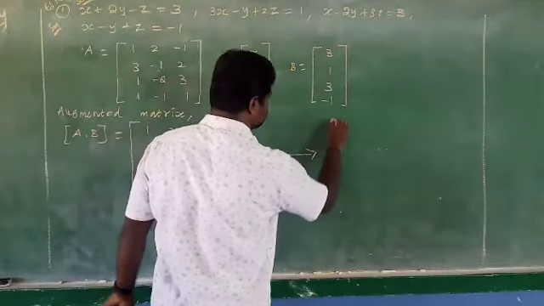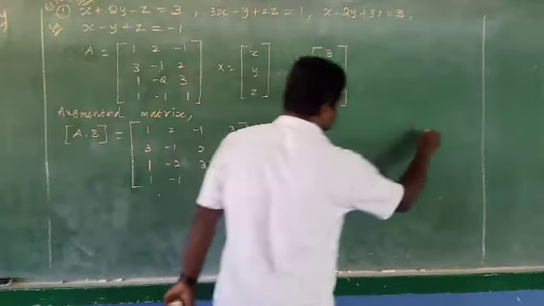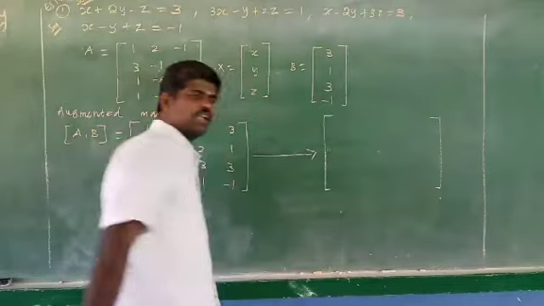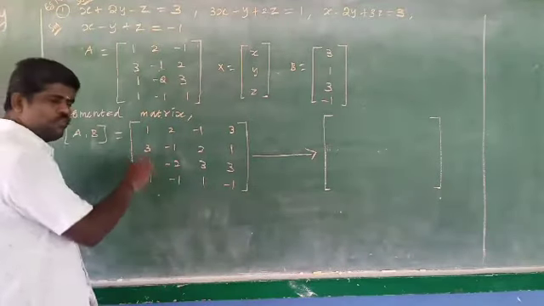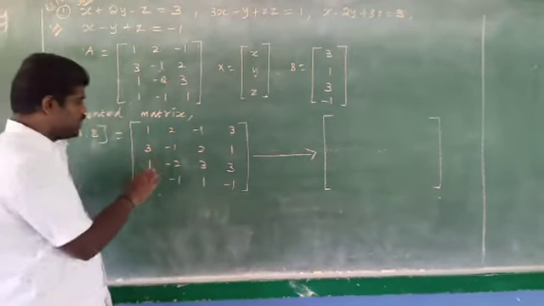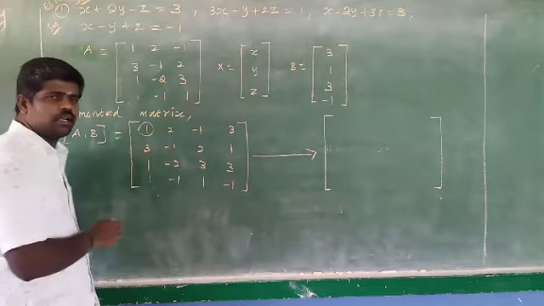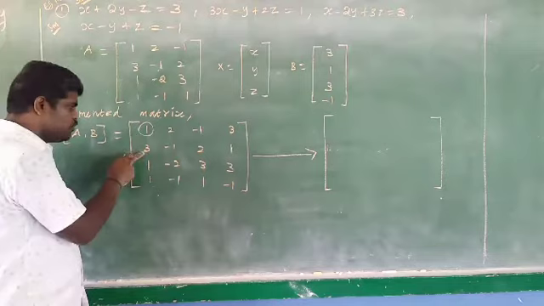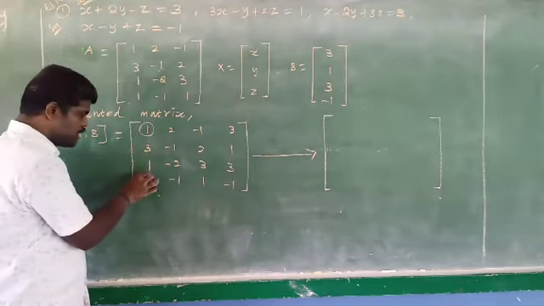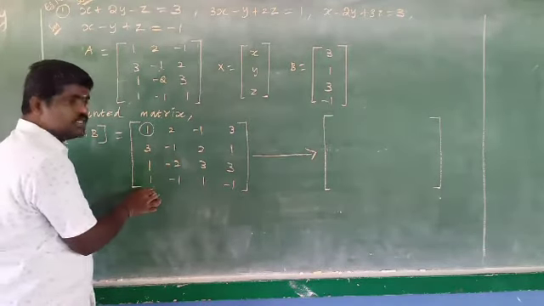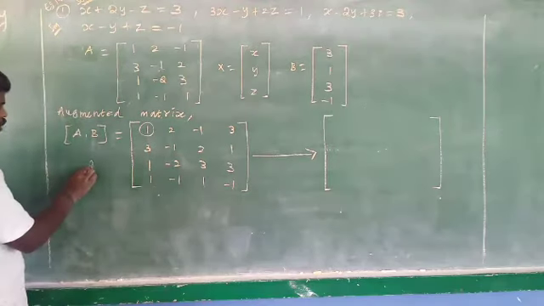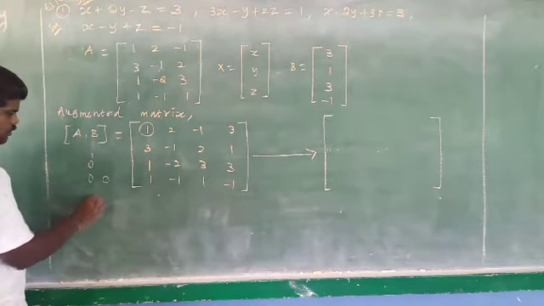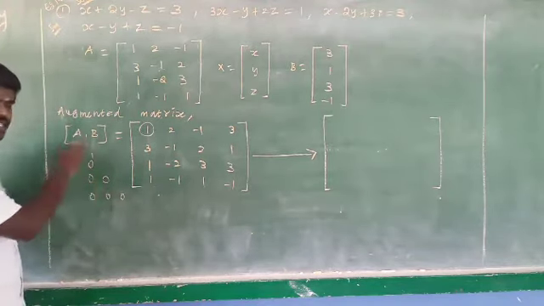Now we want to find the echelon form. In the echelon form, the first element is a non-zero entry, and we want to change the entries below it to 0. So the row echelon form has zeros below the leading entries.